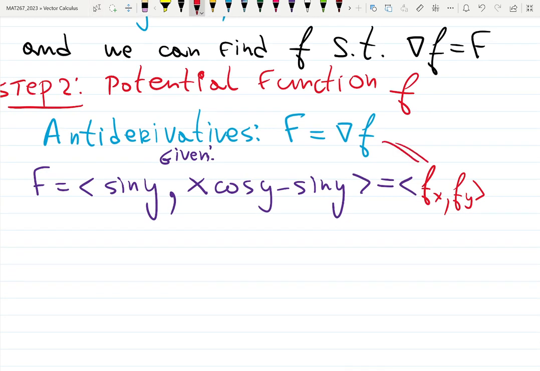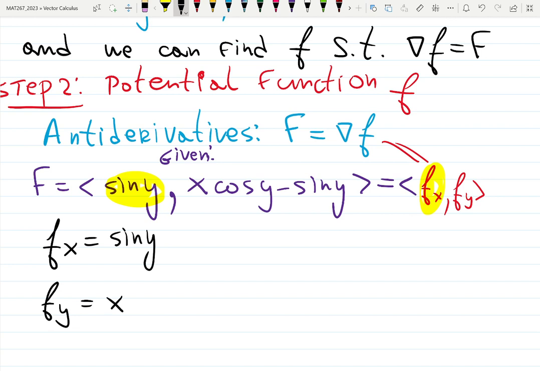That's the definition of the gradient. If we have a third variable, partial derivative with respect to z, and a fourth variable, partial derivative with respect to t, or whatever variables they are. So f with respect to x is given as sine y, and f with respect to y is given as x cosine y minus sine y, like so.